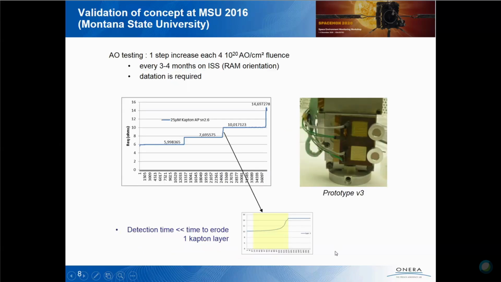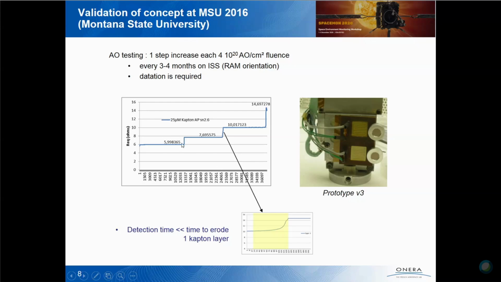Then this is some ground data, because we had the first AO testing at the Montana State University in 2016. Here you can see the monitoring of the equivalent resistance as a function of time. And we could check with this testing a good reproducibility of the detection.